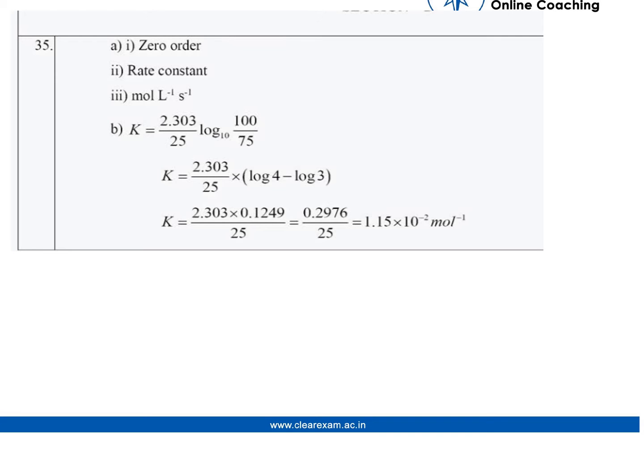In B part we have to calculate the half time. So first we'll calculate the K. The K comes out to be 1.15 into 10 to the power minus 2 minute inverse.